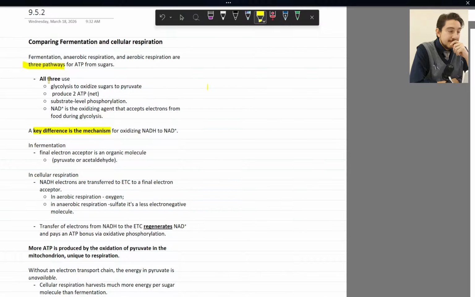They produce ATP. They are able to reduce NAD+ to NADH. They all include substrate-level phosphorylation. You produce 2 ATP, you produce pyruvate, and NAD plus is the main oxidizing agent that accepts electrons from food.